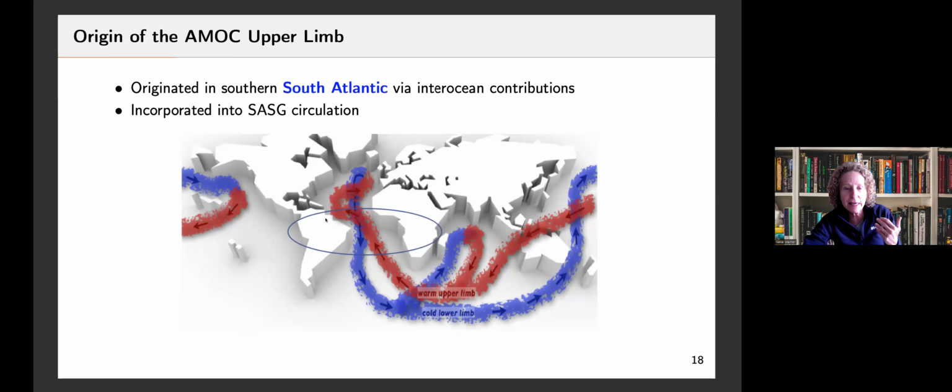And then we can see here that I made a circle around the South Atlantic, because it has all these inter-ocean contributions and contributes a lot to what's happening with the South Atlantic subtropical gyre circulation, which has a lot to do with the transport of heat northward.